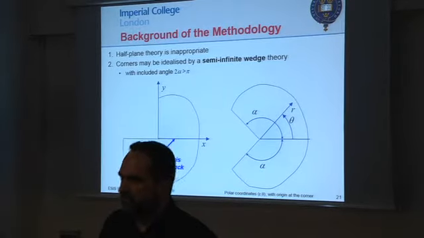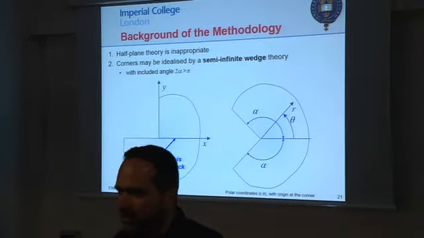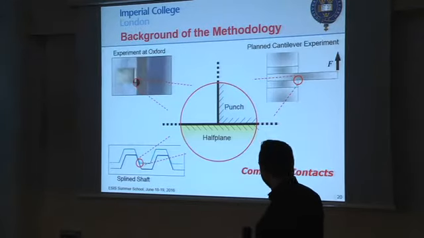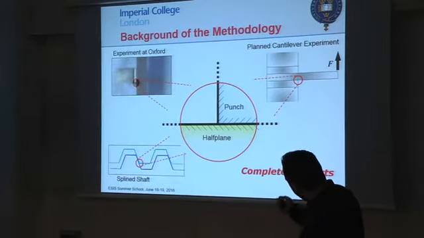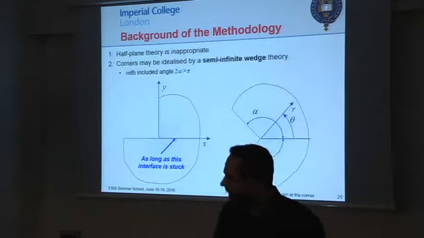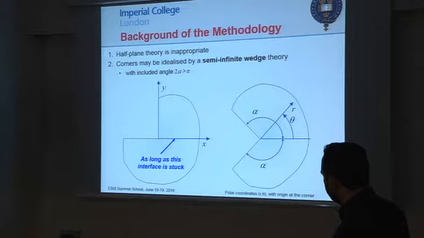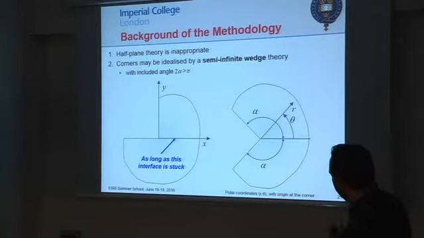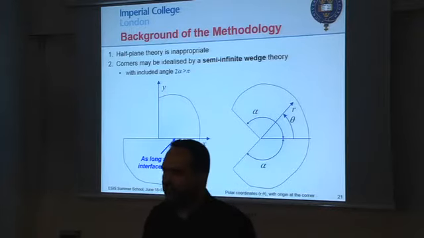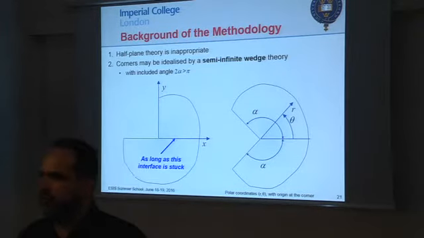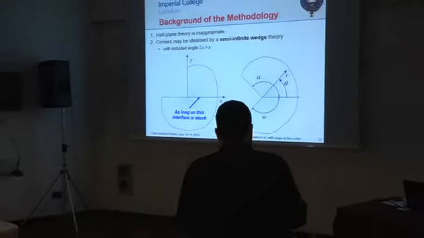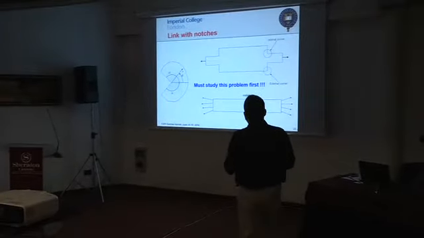Now, we'll see later when we can assume that the interface is glued, but that means that if you want to solve a contact problem, which is a punch indenting an elastic half-plane, we can very easily think of this, as a first approximation, as a notch problem, where the notch has the angle given by the interaction between the punch and the half-plane.